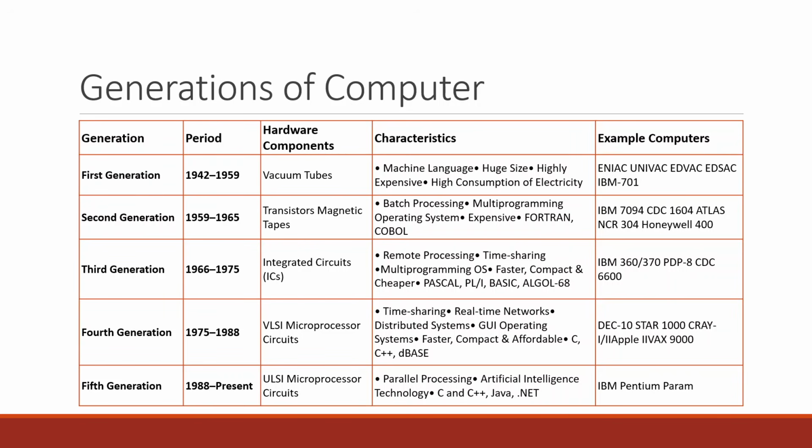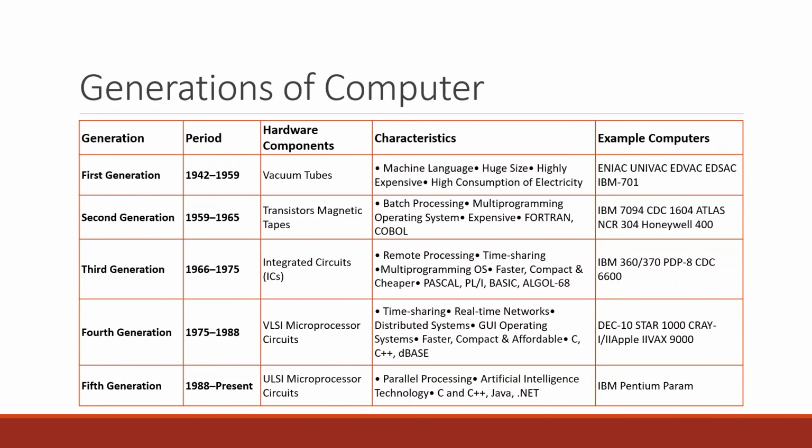The first generation starts in the year 1942 and ends in 1959. In this generation, to build the computer systems, they used hardware components, which were vacuum tubes.